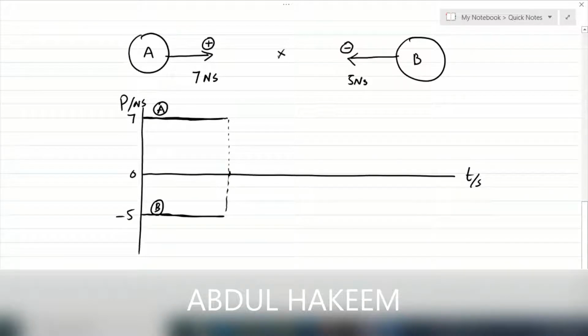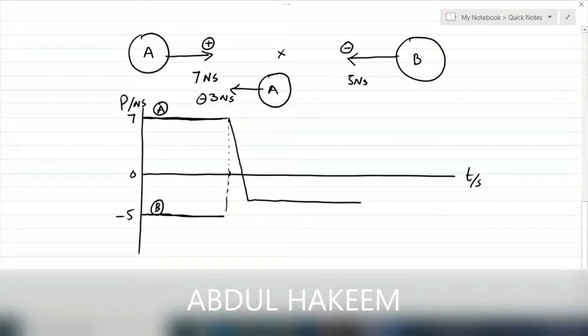After collision, suppose the object A is moving in this direction with momentum 3 Newton second, but due to the left side direction, we will consider it negative. So after collision, the momentum of A changes and it becomes minus 3. Suppose this is minus 3.